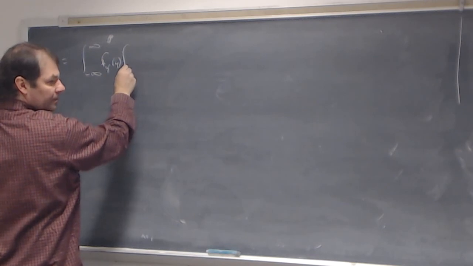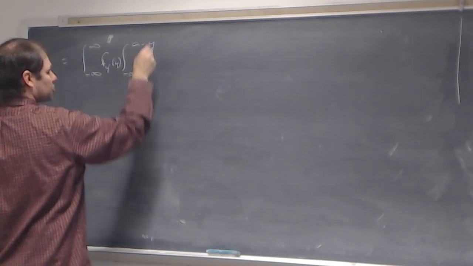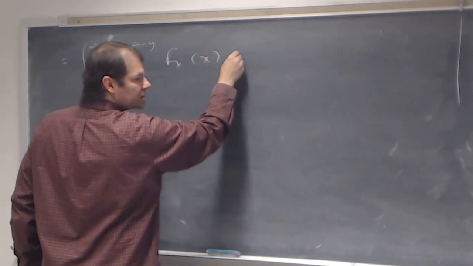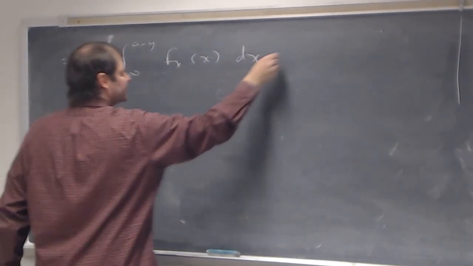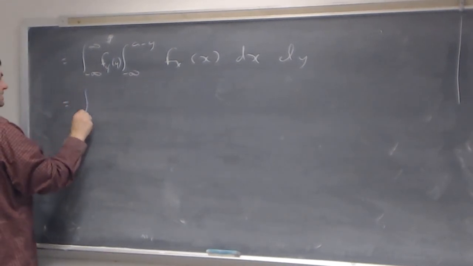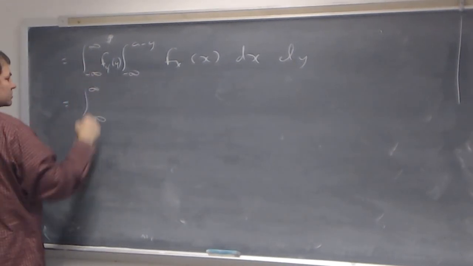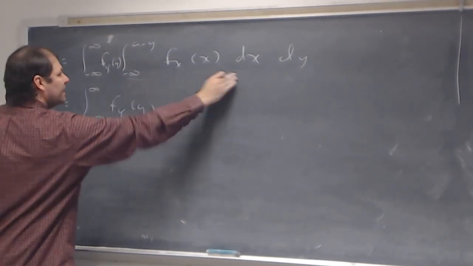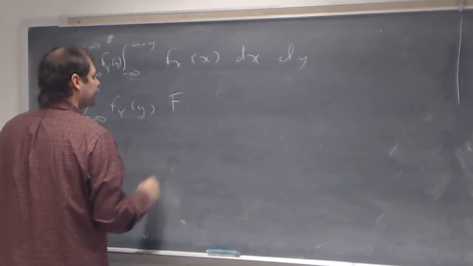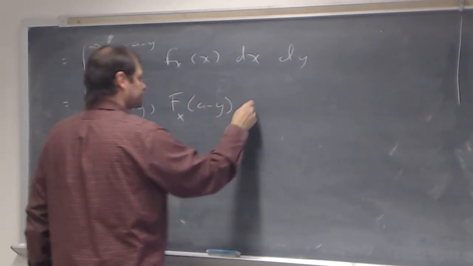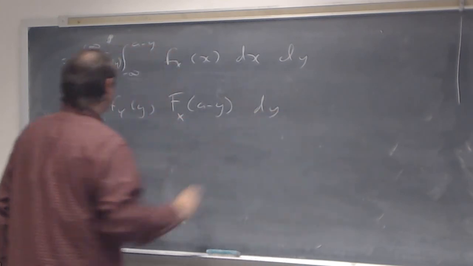This is the integral from minus infinity to a minus y of f sub x of x, then I have dx and then dy. So we do this first integral, and what we see is that's the outer integral from minus infinity to infinity of f sub y of y. Well, look just right here. That's nothing more than the CDF of x evaluated at a minus y, and then dy.